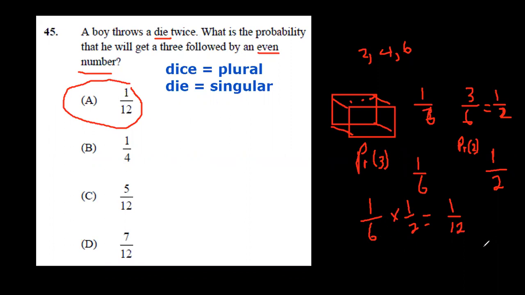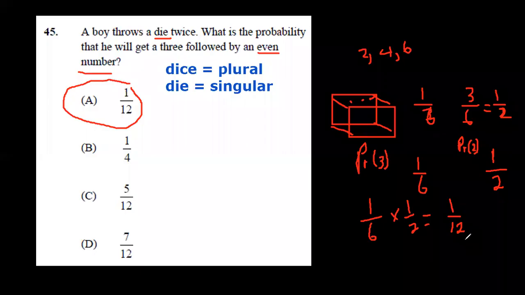Any questions here? Hey, Tanisha, no worries. The probability of you getting a 3 is going to be 1 out of 6. And the probability of you getting an even number, because there are 3 even numbers out of 6 numbers altogether, is going to be 3 over 6, which is a half.